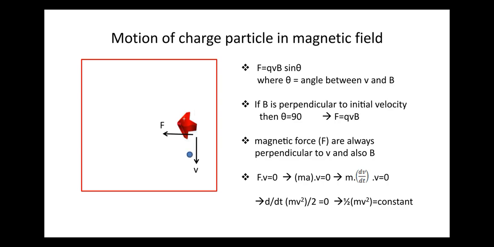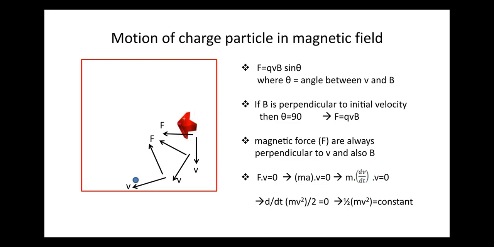At this position, again this is the direction of velocity, and since force is perpendicular to this velocity, this is the direction of force. So again it follows a resultant path and moves like this. Here also, this is the direction of velocity and this is the direction of force, so again it follows a resultant path.